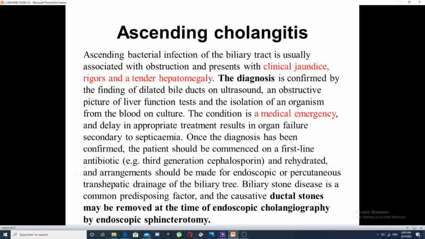At the same time, an arrangement should be done to treat the secondary factor of biliary obstruction whether by endoscopic or percutaneous transhepatic drainage of biliary tree.